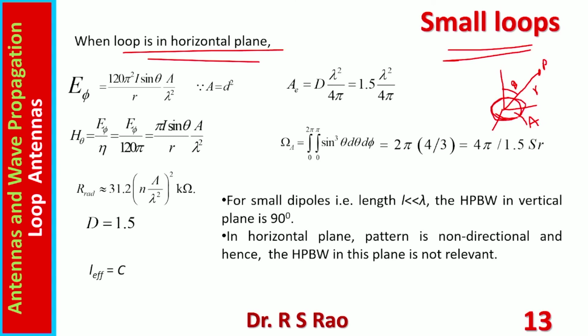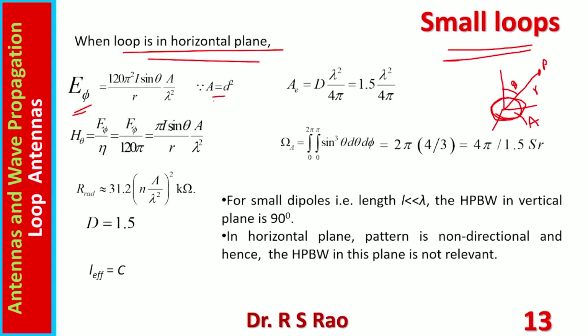Now, the radiation field intensity E phi: rigorous analysis by approximating this circular loop with a square loop and estimating the field intensity due to these four sides of the square loop at P gives the radiation field intensity as 120 pi squared I sin theta over r times A by lambda squared.